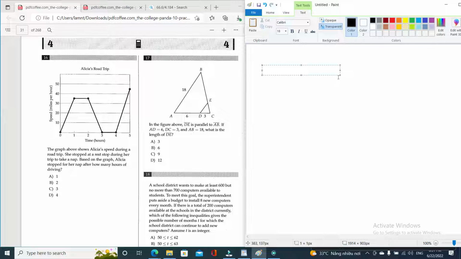When she stopped, the speed is actually 0, right? So stop and speed is equal to 0. There's only 1 hour here where the speed is actually 0, so she only napped for 1 hour, right?